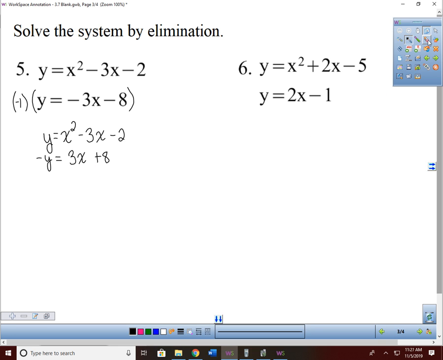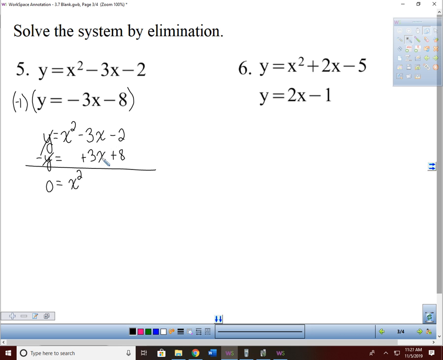So what I'm going to do is I'm going to kind of shift these where they go. So in other words, this was a positive 3x and then a positive 8. And see how I've lined up with their like terms now? So if I go through here, y minus y, okay, that's 0. X squared, there's no other x squared, so I just have x squared.